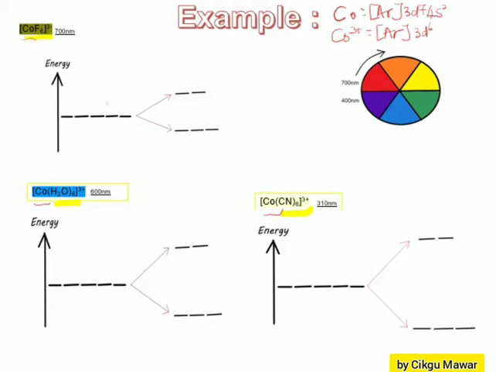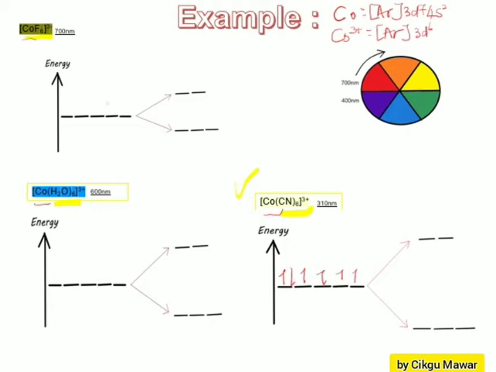We look at the crystal field splitting for each complex ion here. You can see that each has a different energy difference. We look at the stronger ligand first. For hexacyano cobalt 3 ion, we fill up the electrons first: 1, 2, 3, 4, 5, and 6.